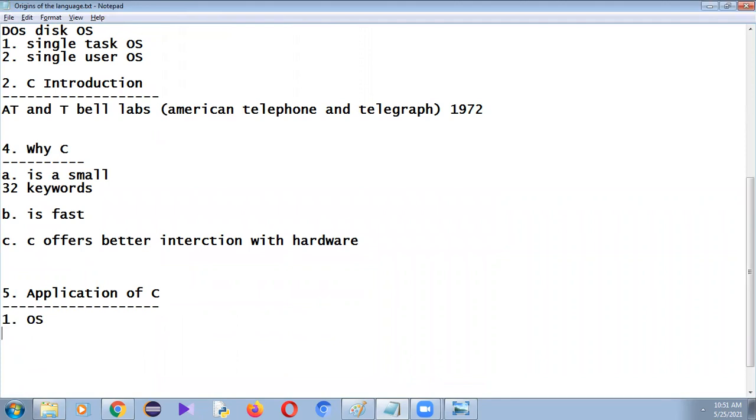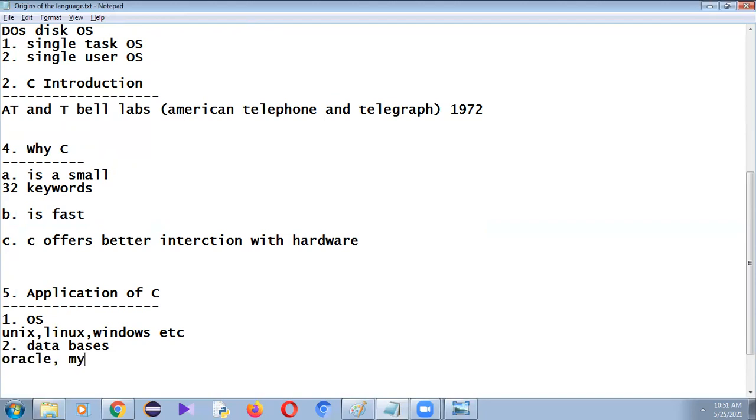If you take any operating system such as Unix, Linux, or Windows, all are written using C programming. Second one, to develop databases. Databases are used to store data. What are the different types of databases we have?